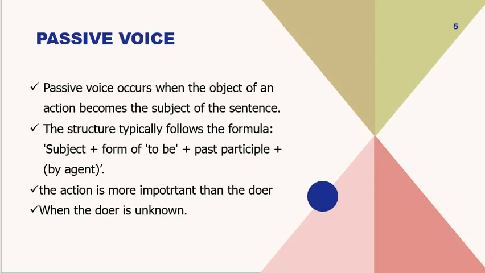Let's say when you enter the room, you visually see that the room is cleaned, and you can say the room is cleaned. In active voice, someone cleaned the room, but we don't know who cleaned that room.